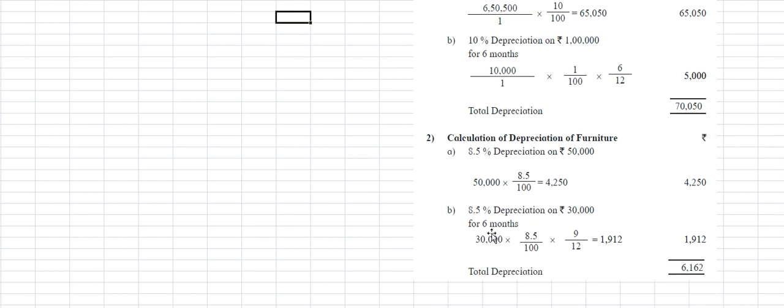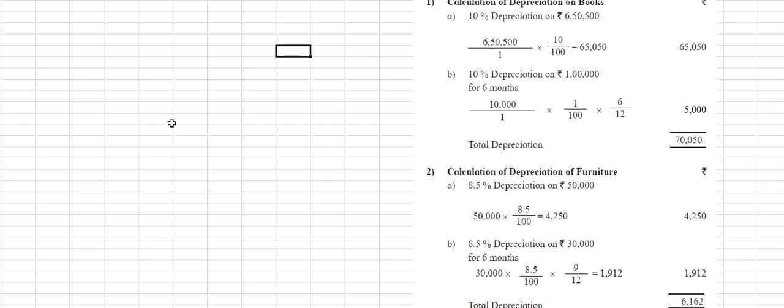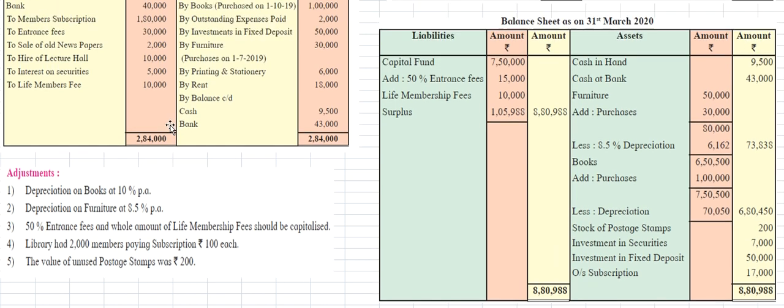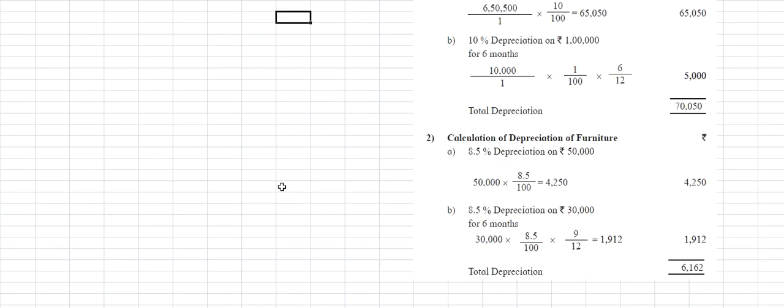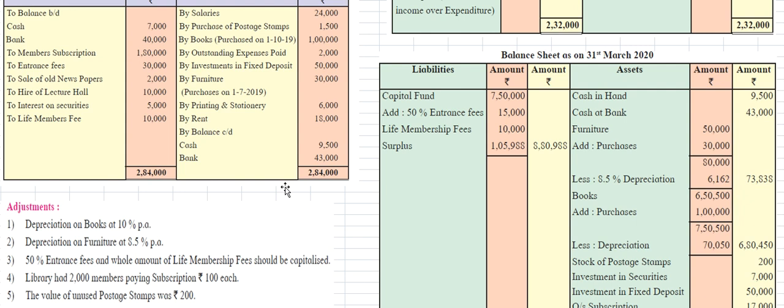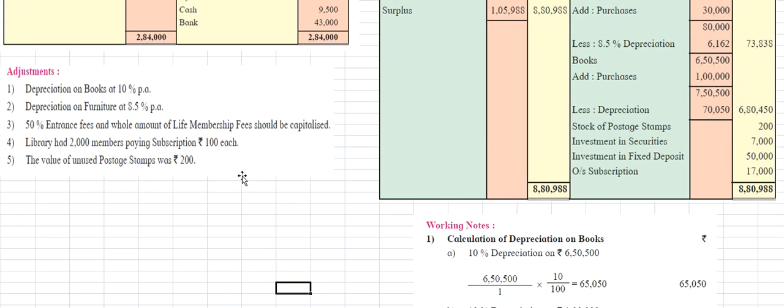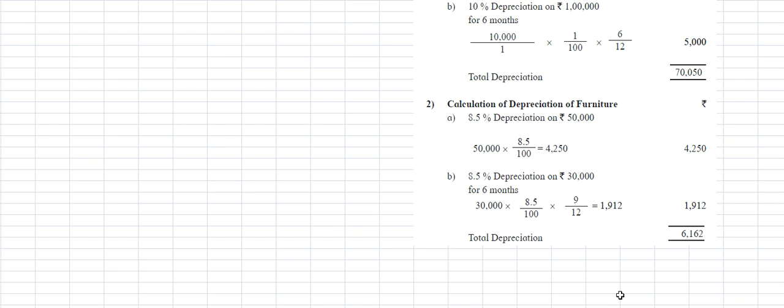And on the payment side also, furniture is 30,000 rupees, purchased in the month of July. So July to March we need to calculate. Furniture purchased in the month of July to March, there is a 9 months gap. So 9 months we need to consider.